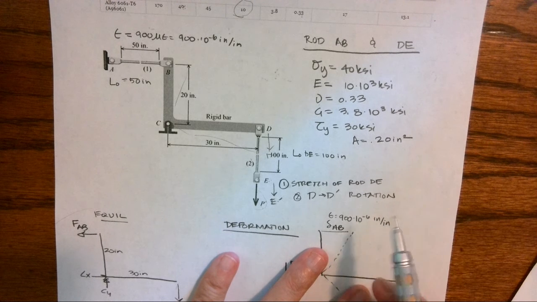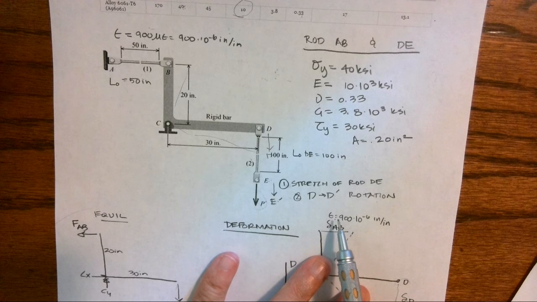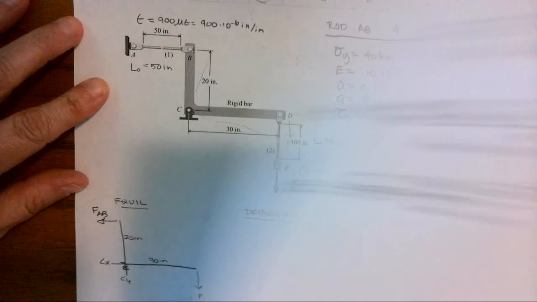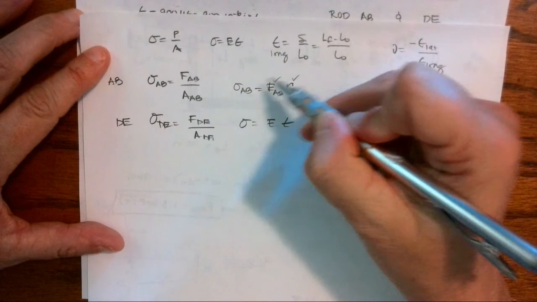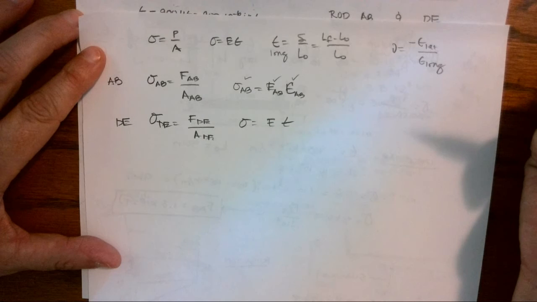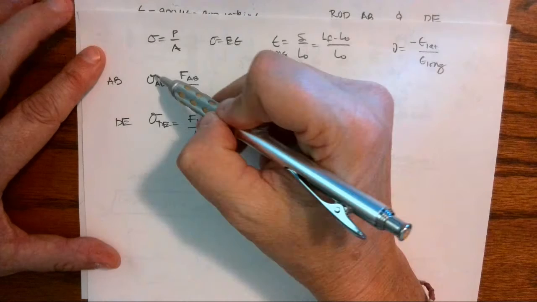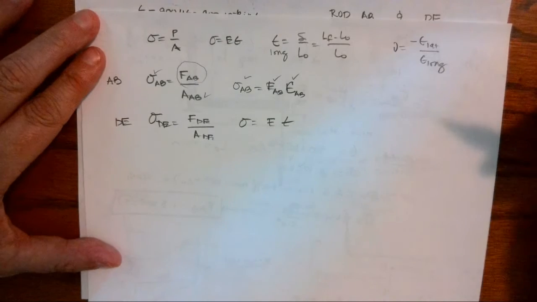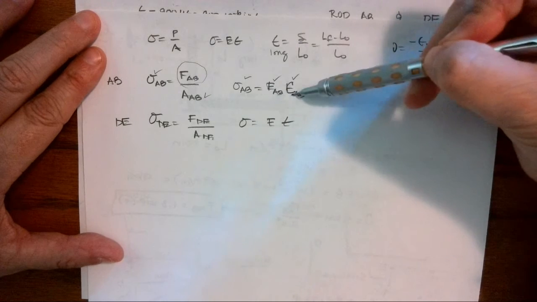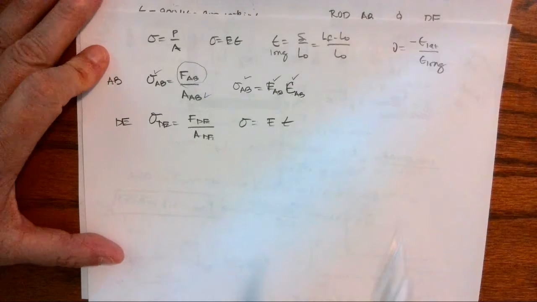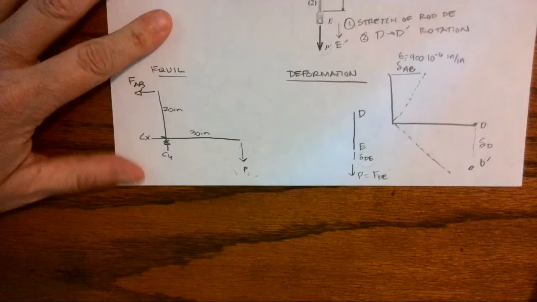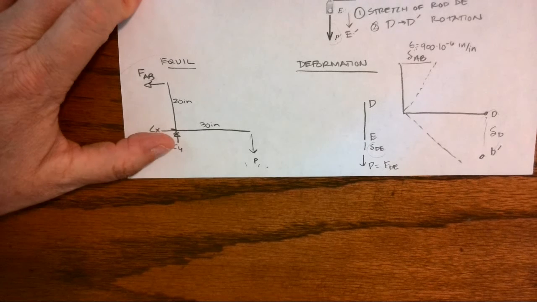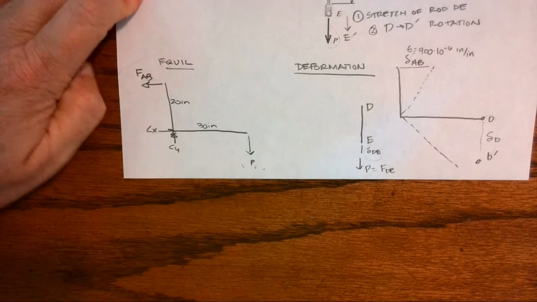So if I know the strain and I know the material, I can actually find the stress that's in cable AB or rod AB. If I know the stress in rod AB and its area, I can find the force in rod AB that caused this strain. And if I can find the force in rod AB, I can go back to my statics equilibrium free body diagram. I can sum moments about P and calculate the force that started it all.